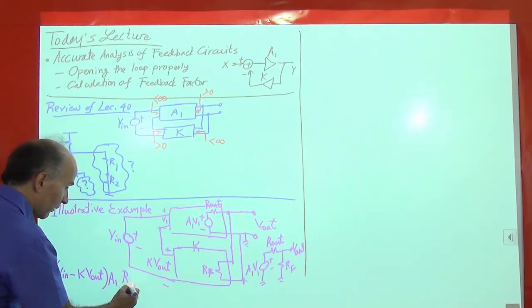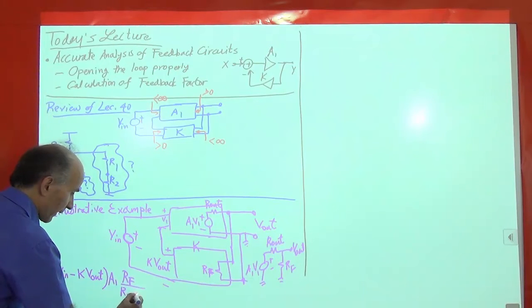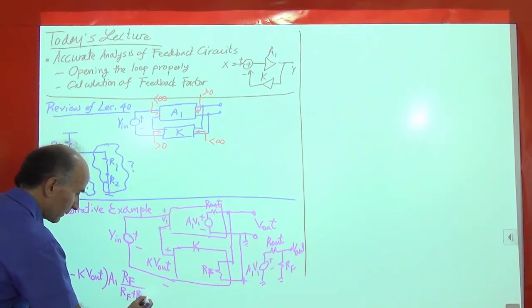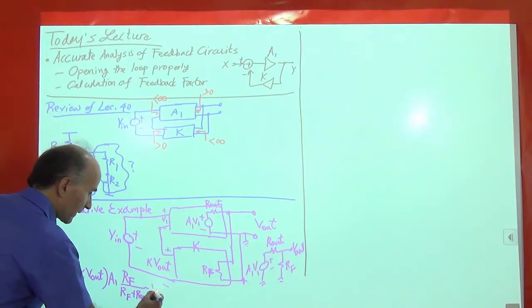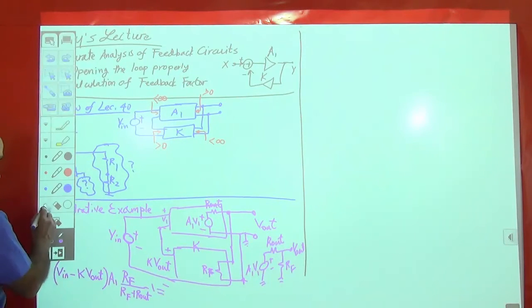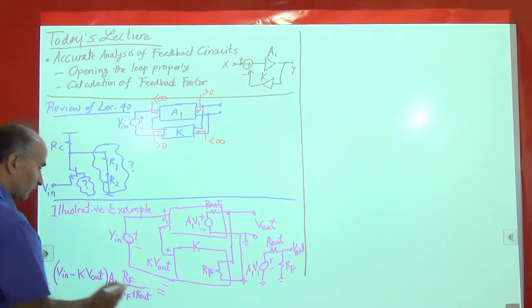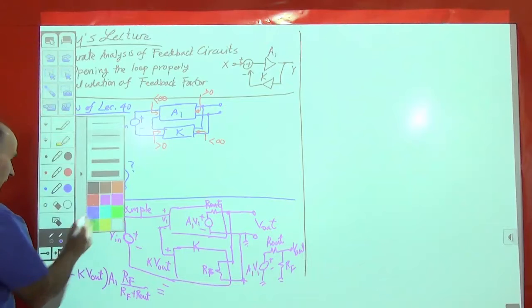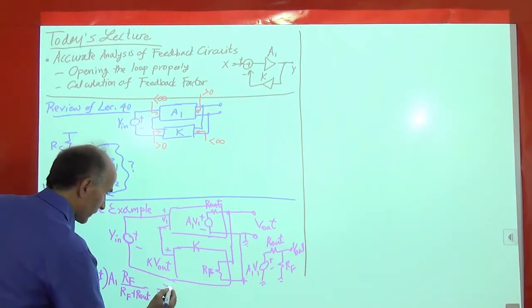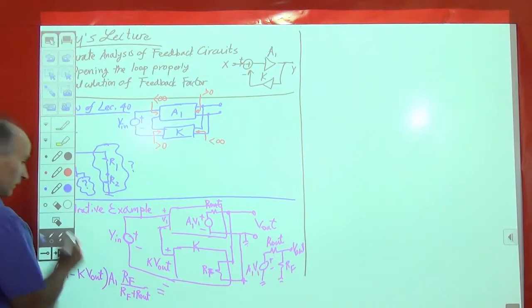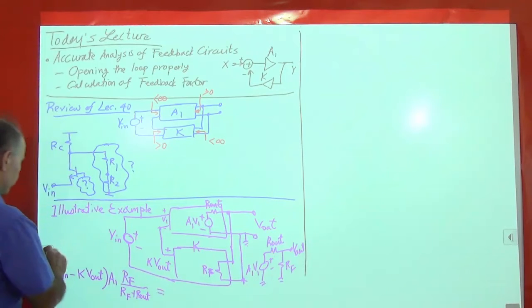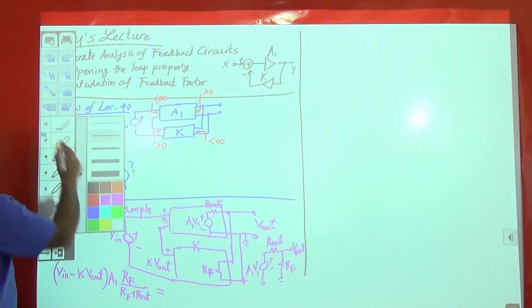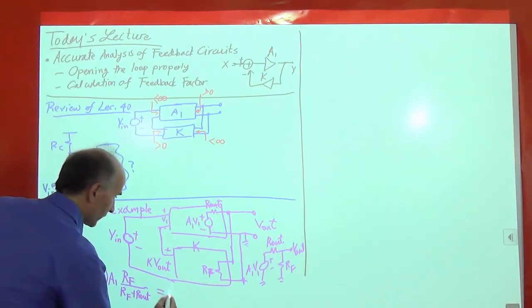So the attenuation factor is given by RF divided by RF plus R out times this, and that gives us the output voltage, right? So let's go back to this color. That's equal to, okay, let's see here. So we now go back to the output, and that's V out.